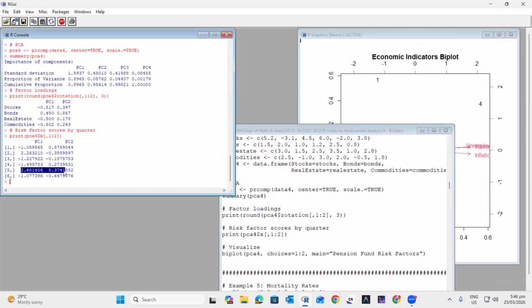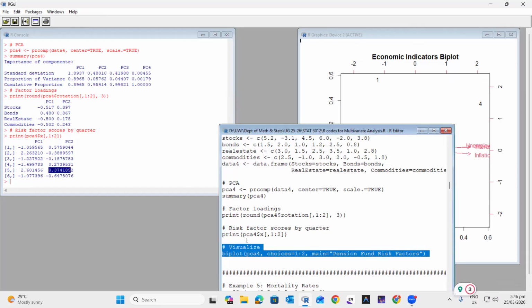Okay, the fifth one has the highest value, that is 2.60, and positive PC2 also with respect to that. High PC1 basically means high bond returns and low stock returns, matching the data, high bonds and stock negatives. So after that, we are going to use the Biplot for the visualization here.